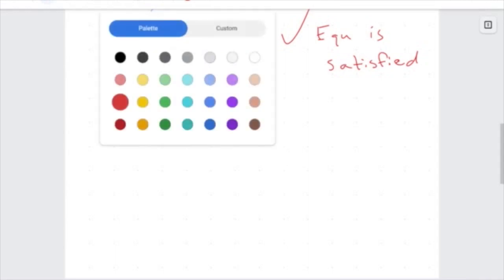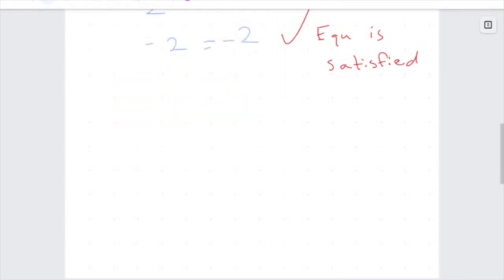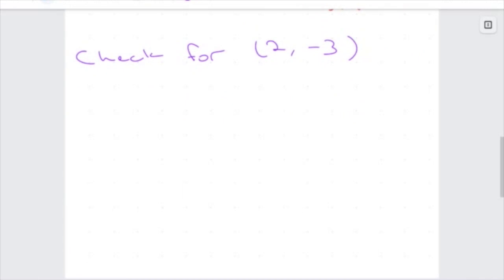So now we are going to, once again, check for 2, -3. Once again, writing out my linear relationship, y equals 4x minus 6. And I'll actually do this correctly this time.